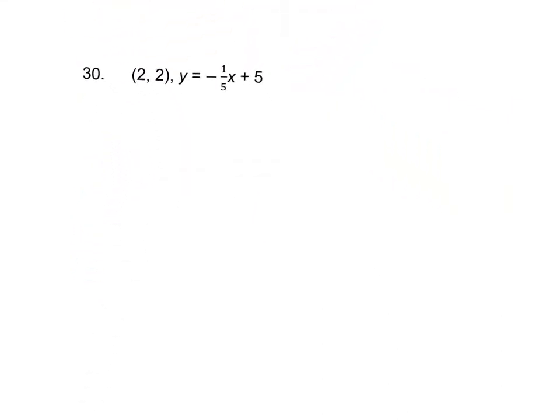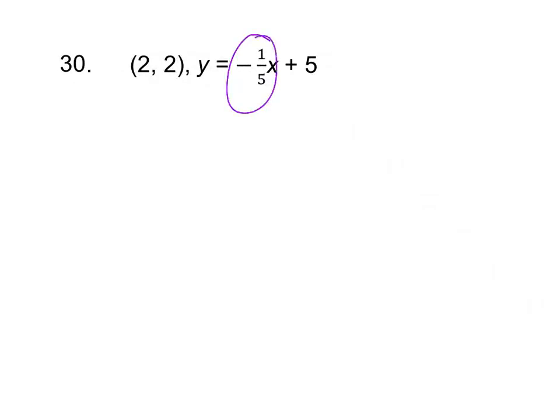Same type of question, different numbers. The slope of this line is easy to identify as negative 1/5. If I'm perpendicular, my new slope is the opposite of negative, so it's positive, and the reciprocal, 5 over 1, which is just plain old 5. This is my new slope, because I'm perpendicular.